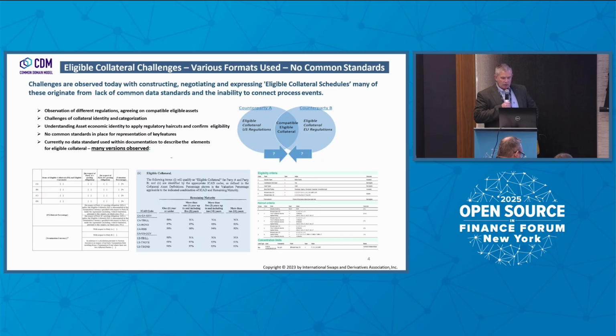So the market has many different versions of essentially saying the same thing. So collateral documentation itself has a free format table that people put in their own terms that can be misinterpreted, and we have custodian models that have their own eligible collateral schedules and formats, but essentially they're containing the same information but in their own business logic versions.